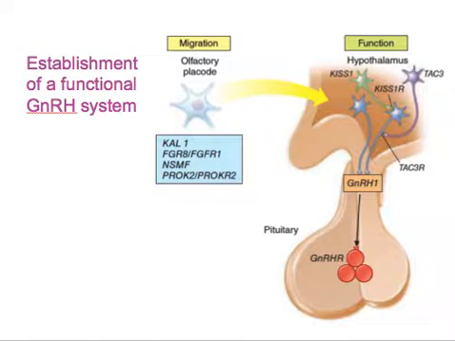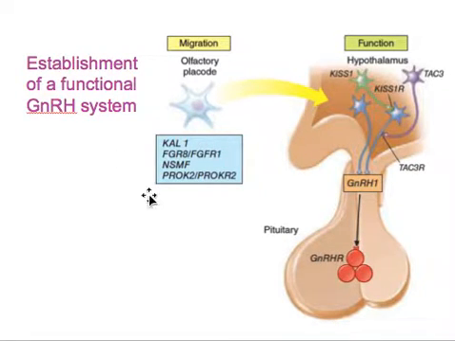The establishment of a functional GnRH system is very crucial to the normal development of your female reproductive organs. Remember, similar also to your males, your GnRH neurons will, during fetal development, migrate from the olfactory placode to your hypothalamus, and when your GnRH neurons reach your hypothalamus, they will start secreting your GnRH, and your GnRH will act on your GnRH receptors in your pituitary, stimulating the release of your gonadotropins LH and FSH.